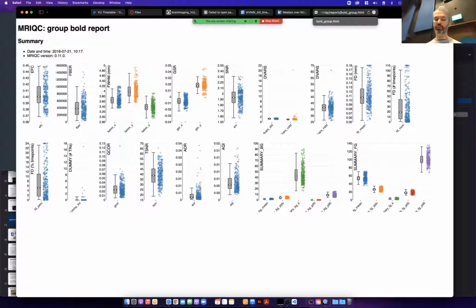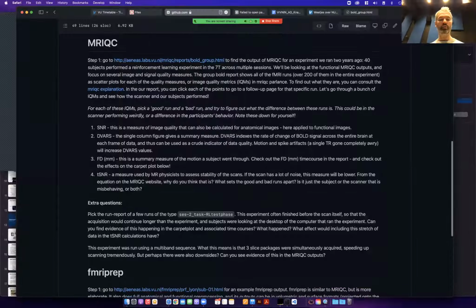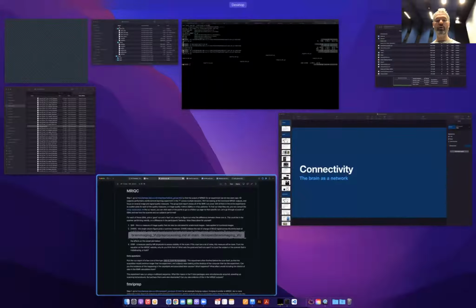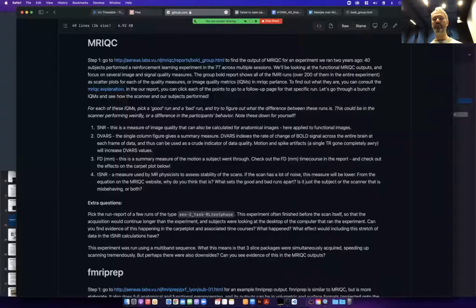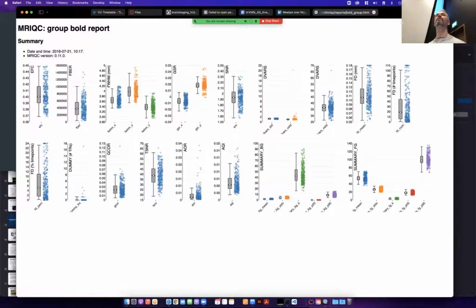What we're going to focus on is TSNR. Let me check, because there are a few that I'm pointing out here. We'll look at SNR, TSNR, some movement, DVARS, and framewise displacement. We'll always return to this, which is the summary over the entire group. This gives us a nice dashboard to look at the entire data set.